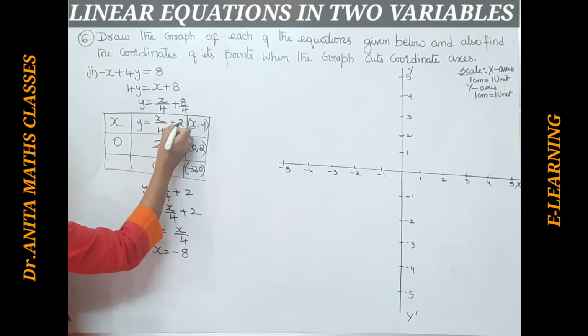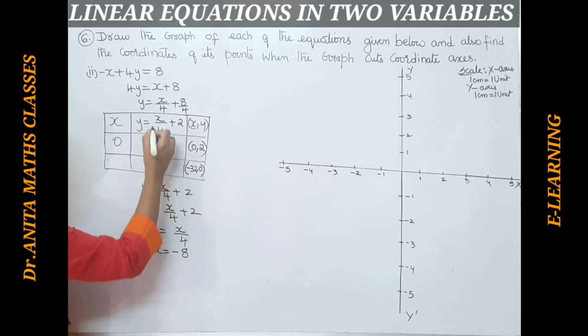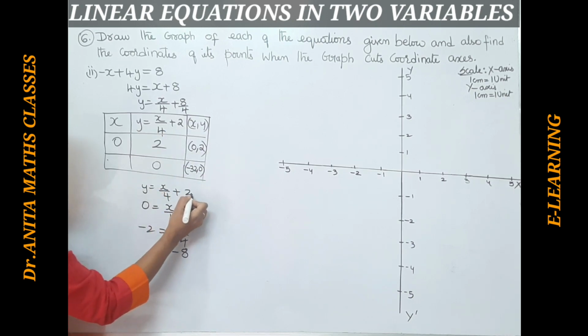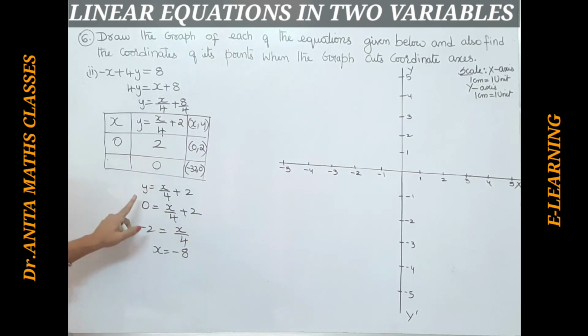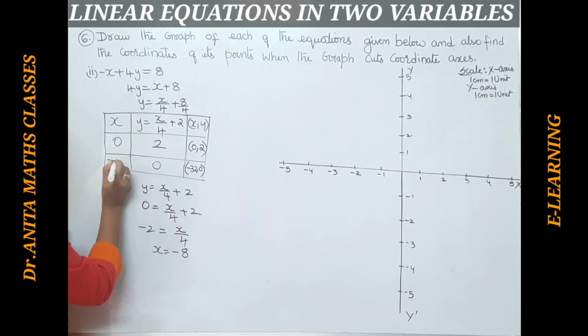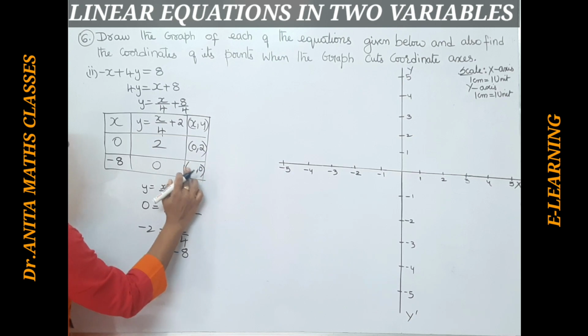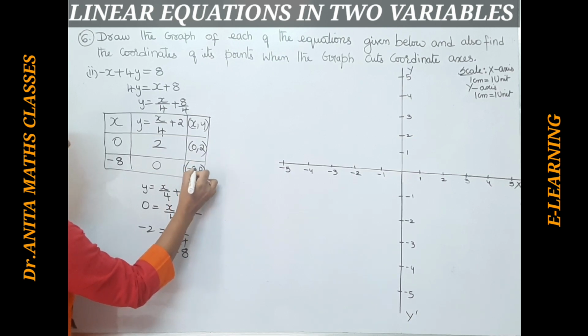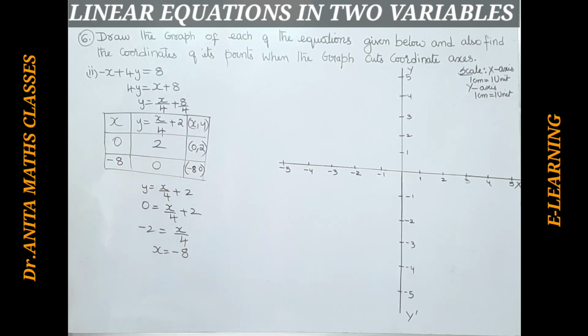So x is 0, y is 2, 0 comma 2. Then y is 0, if you shift minus 2 this side and cross multiply, 4 twos, x is minus 8. So we don't get 32, we get minus 8 comma 0.